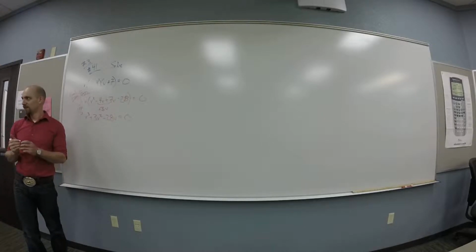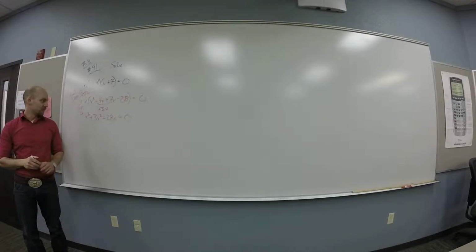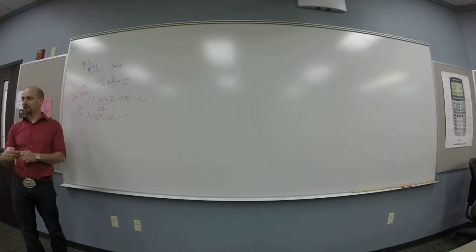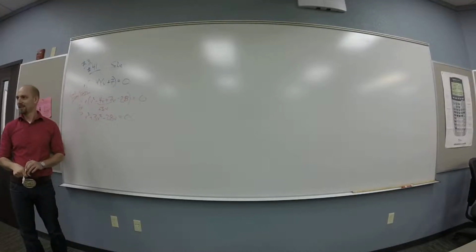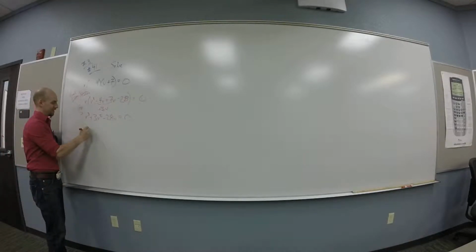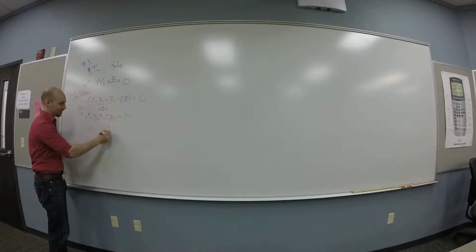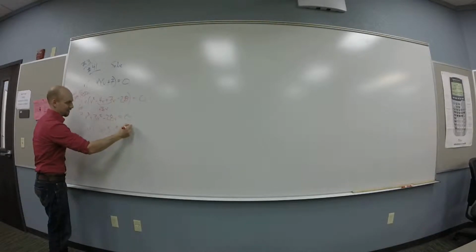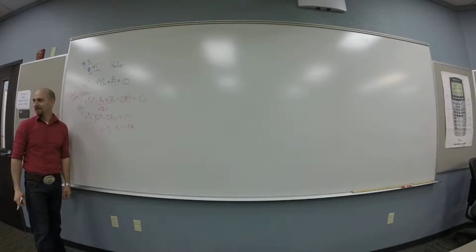Now I'm here. Now I might think to myself something totally crazy, which is, yeah, you might try to put it in the quadratic formula with this, right? Don't do that.